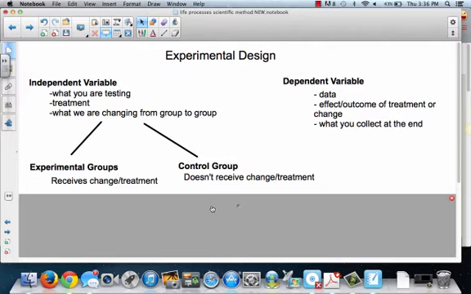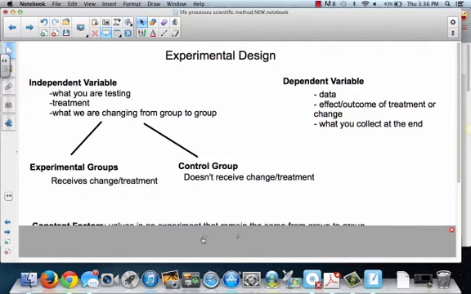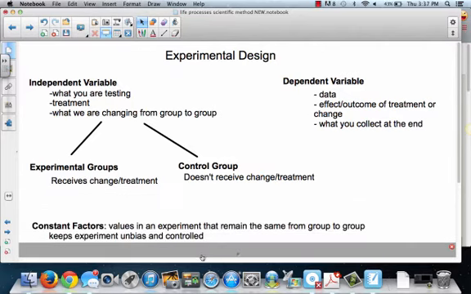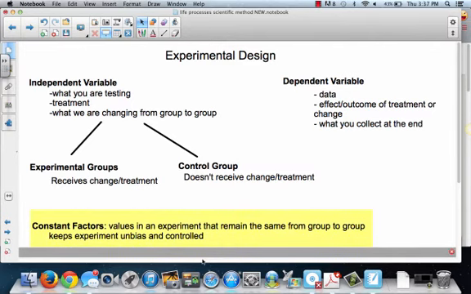Because remember, if you're growing plants, a lot of things have to be the same from group to group, and we call those things constant factors. Constant factors are values in an experiment that remain the same from group to group and keep the experiment unbiased and controlled. What this means is that within all of your groups of plants, they all receive the same amount of soil, the same amount of sunlight, the same amount of water.